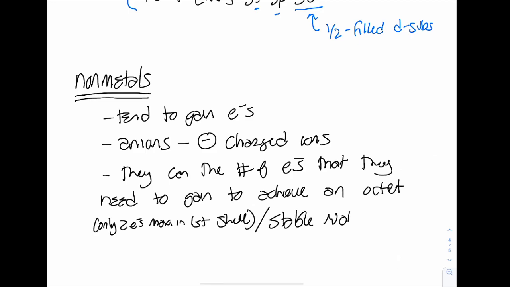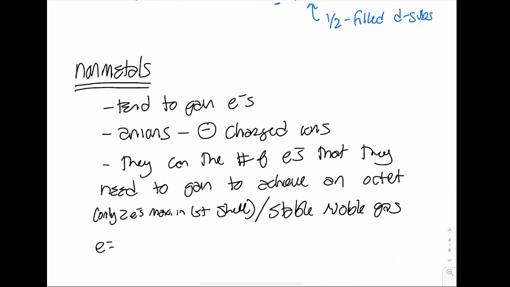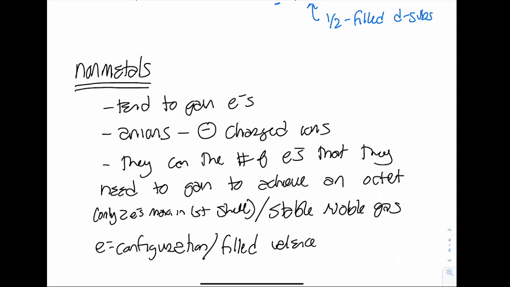Stable noble gas electron configuration. We could say filled valence shell, just be careful because that's not always true either. If it's the first shell or the second shell, it's probably going to be full. Third shell, maybe, probably not. Remember, you do have d orbitals in the third shell.